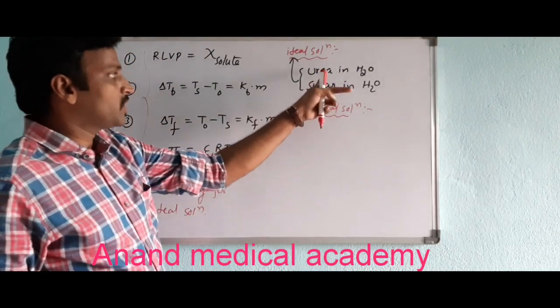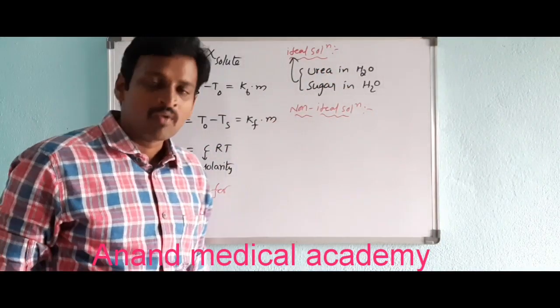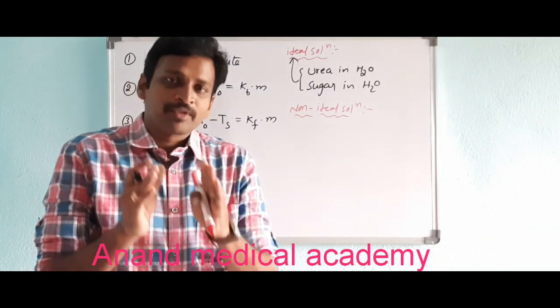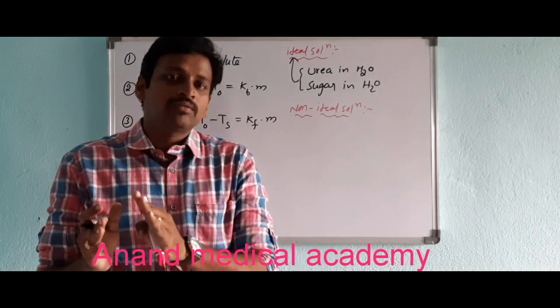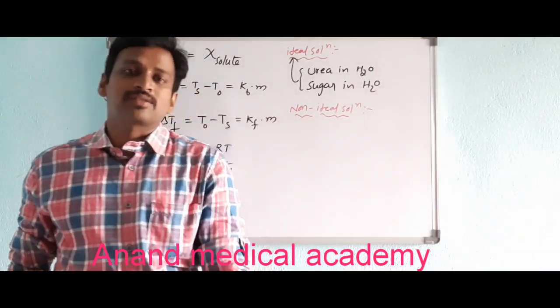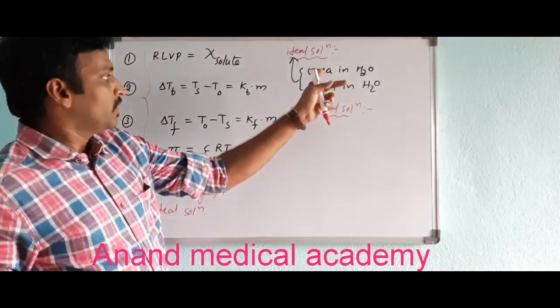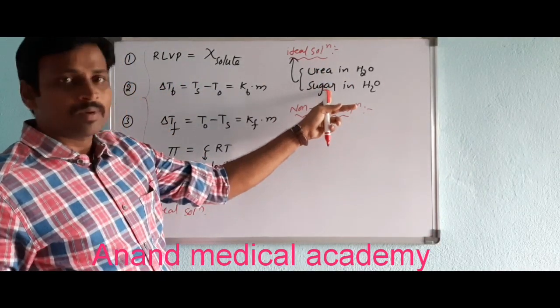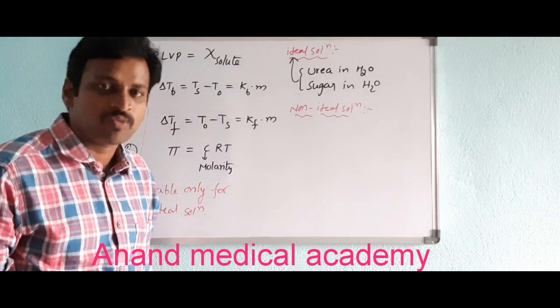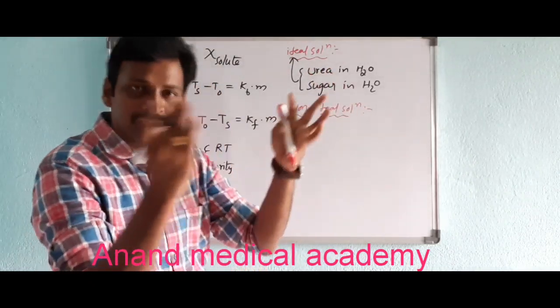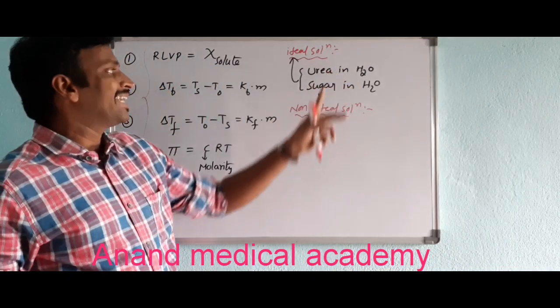So there is no change in the number of particles. What exactly is a colligative property? The property which depends on the number of particles. So quantity matters. If these are the solute particles, there is no change in the number of particles because there is no association and no dissociation. So this is an ideal solution.